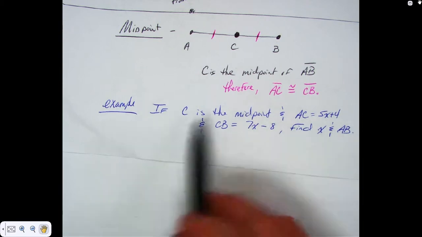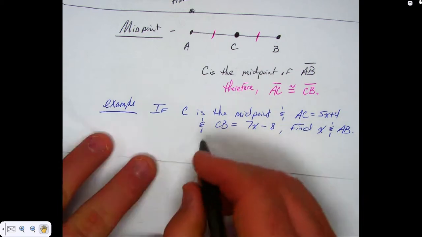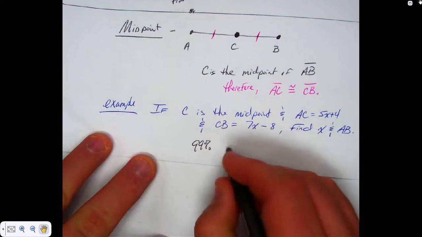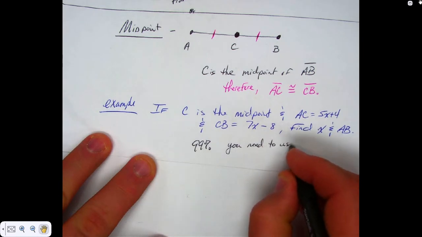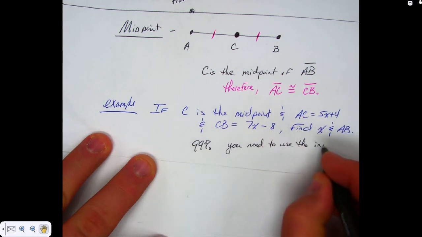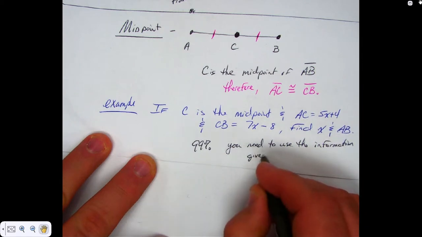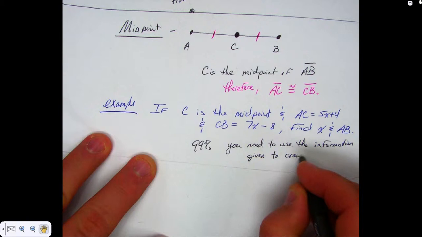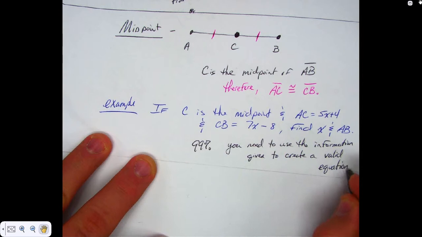Anytime you see a geometry problem that tends to look like an algebra problem, 99% of the time, you need to use the information given to create a valid equation. In geometry, that's the case.